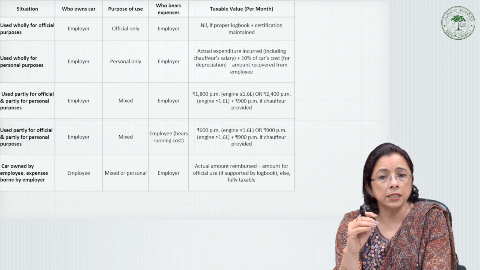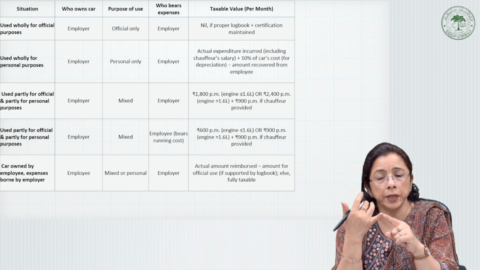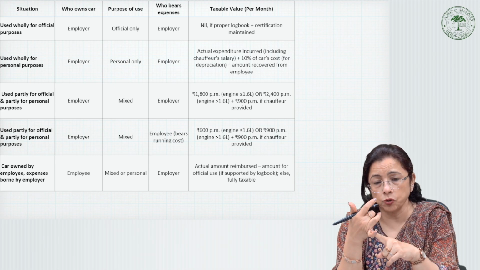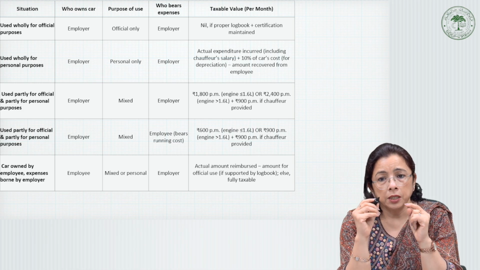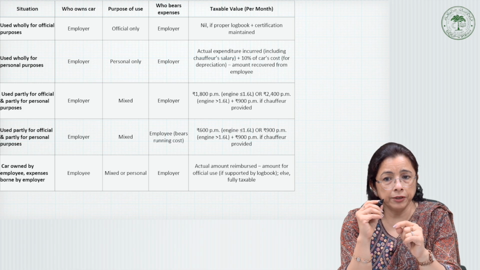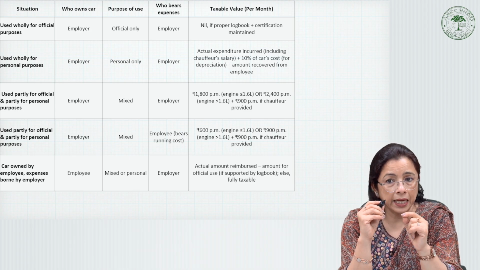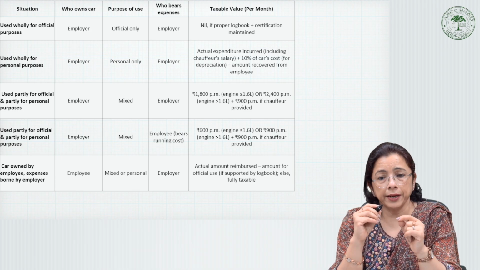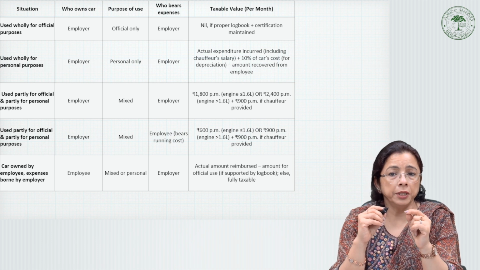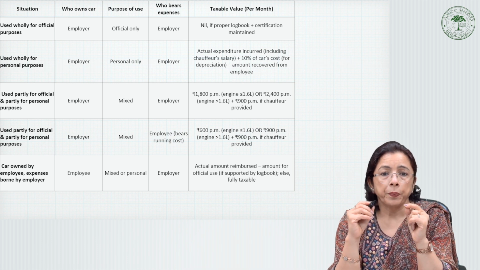In this case, that means it is owned by the employer, plus it is strictly for official use or official purpose, then the value of such perquisite or car facility will be taken as nil, provided the prescribed conditions are satisfied. So here the value will be taken as nil.